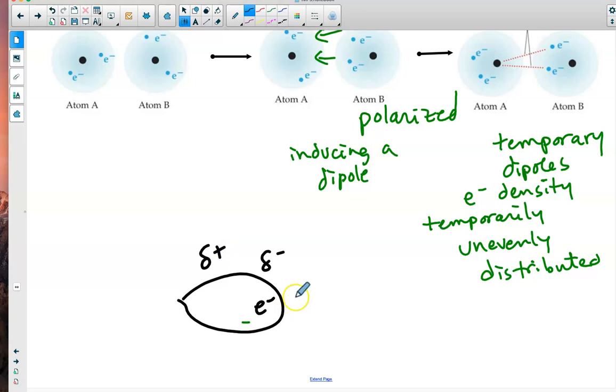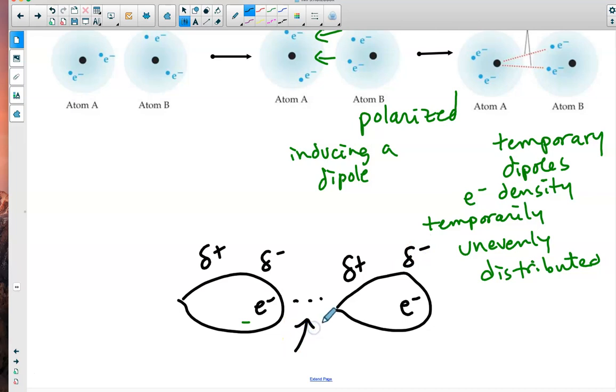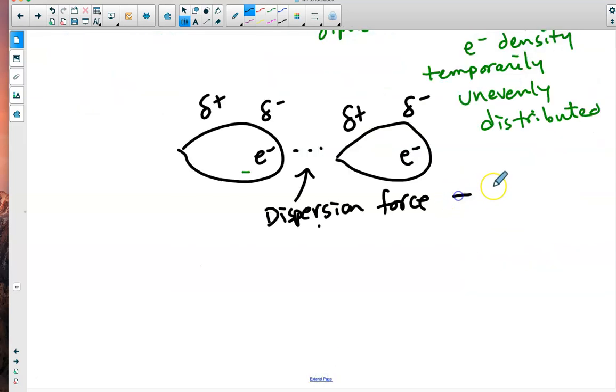And that's going to attract to the other induced dipole, where this end is the partial positive. There's more electrons over here, that's the partial negative. This is my dispersion force. And that's just an electrostatic attraction between temporary dipoles.